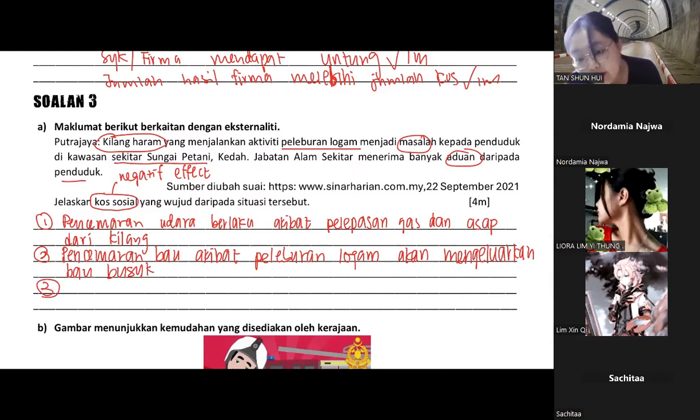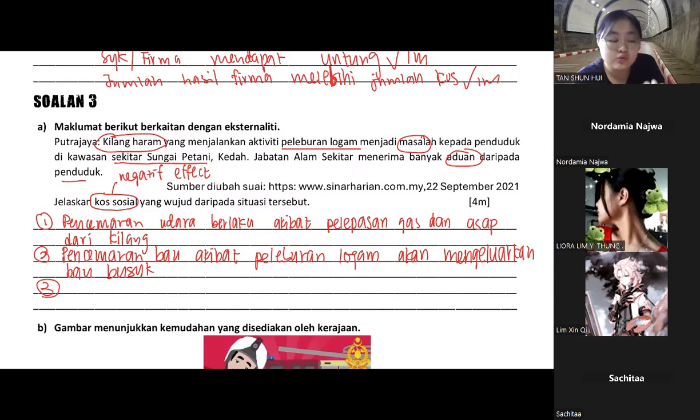Oh, it's not pelaburan. Pelaburan is invest. Peleburan, they melt the iron. It's different words. I invest in logam doesn't matter, but if I do something with the logam, pencemaran will come out. Pelaburan logam won't cause pencemaran. Why? You can buy it at home as well. But peleburan is different. Lebur is like you melt it.